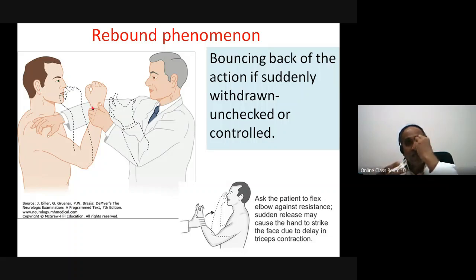He may hit the nose, he may hit the face. In the dashed line, he may hit the face or the objects. This is known as a rebound phenomenon, a bouncing back, because he is not able to stop, because it's a pendular motion. There is a problem to get back, and that particular signal is missing. So bouncing back of the action, when suddenly withdrawn, is this part of the cerebellar disease.